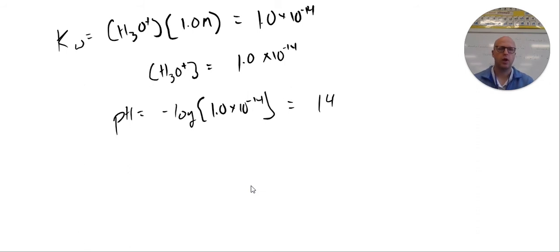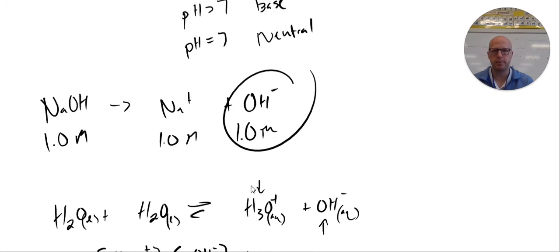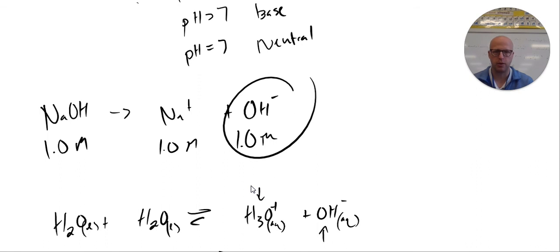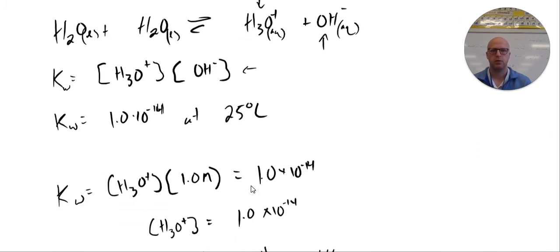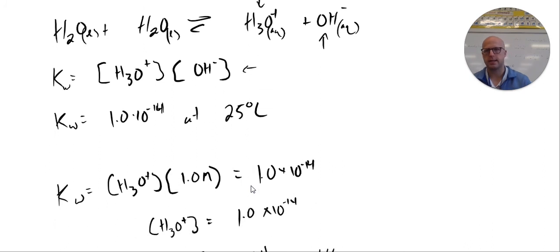So anytime I have an OH- or an H3O+ ion concentration, I can solve for the other one or determine the pH. And this is also why bases affect the pH, because this base is not putting up H3O+ or H+ ions. How does this OH- ion affect my H3O+ concentration? It affects it based on this equilibrium expression for water.